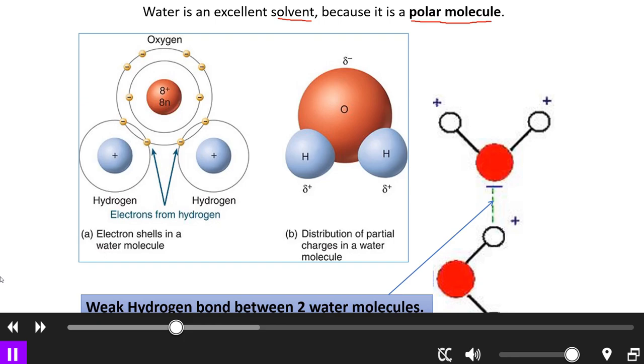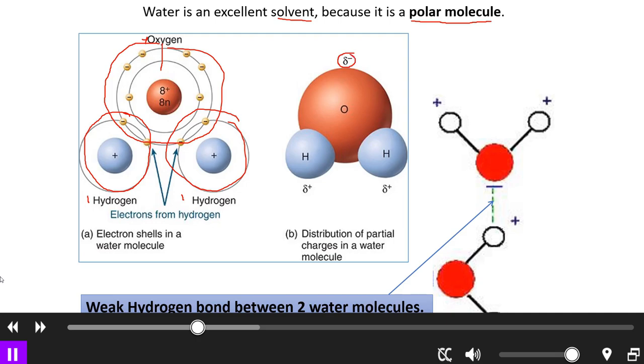So water is an excellent solvent, as I was saying, and it's because it's a polar molecule. What does polar molecule mean? A water molecule is made up of 3 atoms: one oxygen, shown here as the oxygen atom, and 2 hydrogen atoms. It's called a polar molecule because it has electrical charge. The oxygen is relatively negative, and the 2 hydrogen atoms attached are relatively positive.